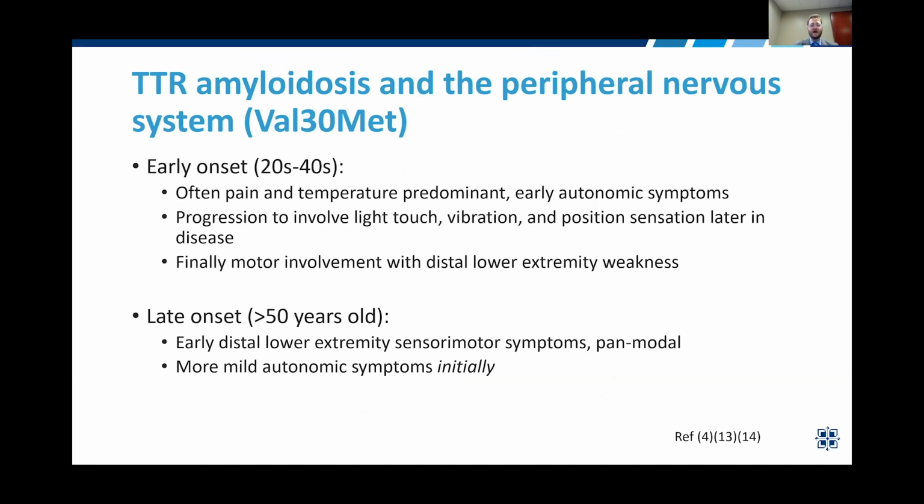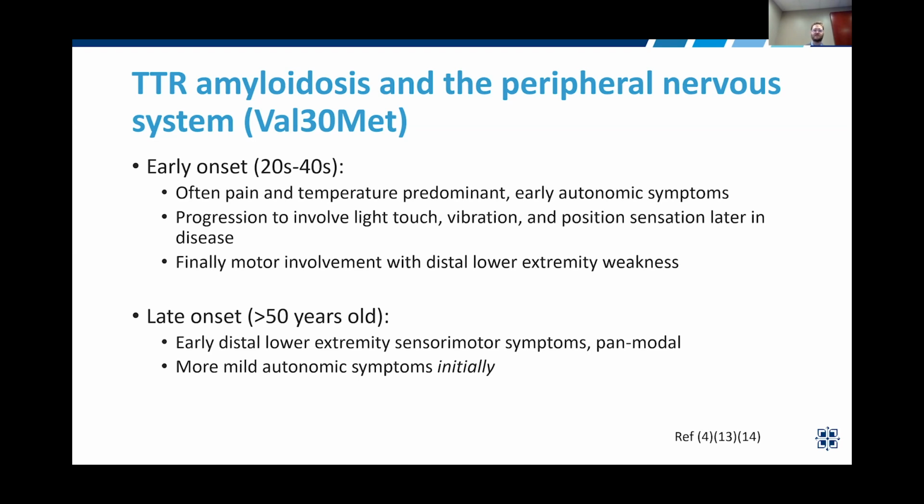So Val30Met, of course, is the most common hereditary amyloidosis mutation. There is a bimodal pattern, and it's beyond the scope of this lecture, but essentially there are pockets of patients in Portugal, Sweden, Japan, and Brazil who have Val30Met. Especially in Japan, they have found that patients can have an identical mutation, however, some patients present with early onset and some with late onset symptoms.